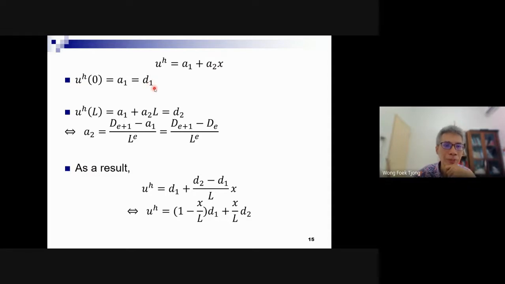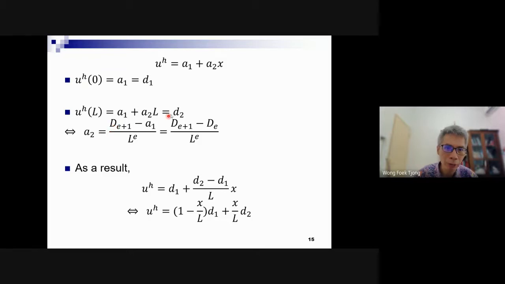Is it clear? At node 2, the x is L. We just plug into this. We get A1 plus A2 L. But according to definition, this is the degrees of freedom number 2, D2. So from here, we already get what is A1. From here, we can determine A2.